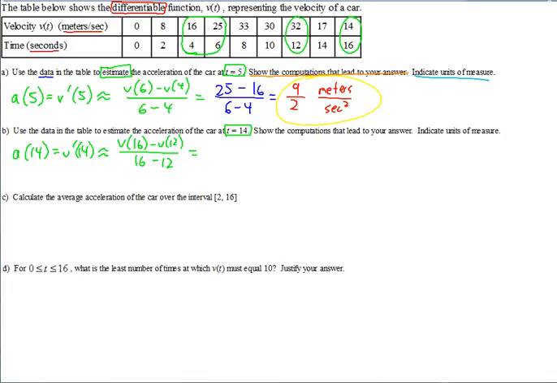The velocity at 16 is 14, minus the velocity at 12 is 32, over 16 minus 12. 14 minus 32 is negative 18. 16 minus 12 is 4, so we get negative 9 over 2. Again, the units for velocity are meters per second, units for time are seconds, so it's meters per second squared.